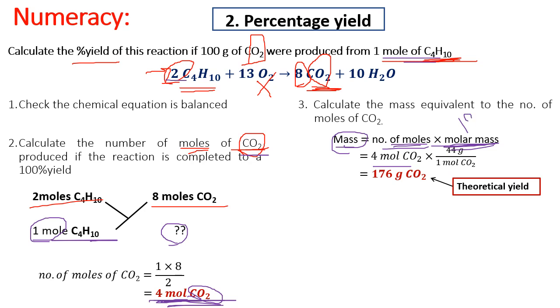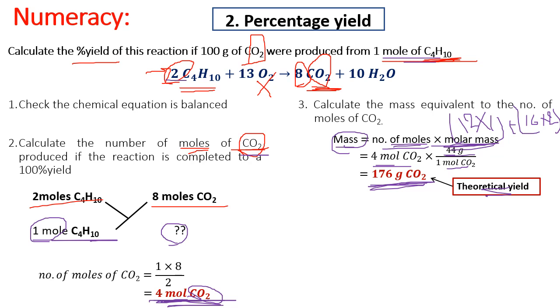So it's 12 times 1 and then plus 16 times 2. So it will be 44 grams per mole carbon dioxide. 4 multiplied by 44 is going to be 176 grams carbon dioxide. So this is the theoretical yield that will be produced theoretically.